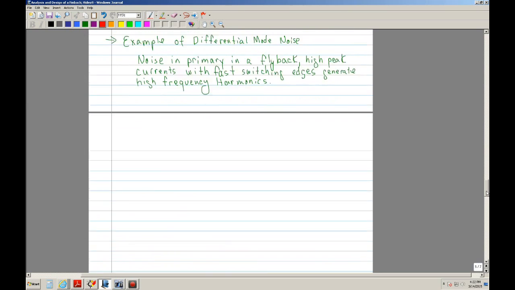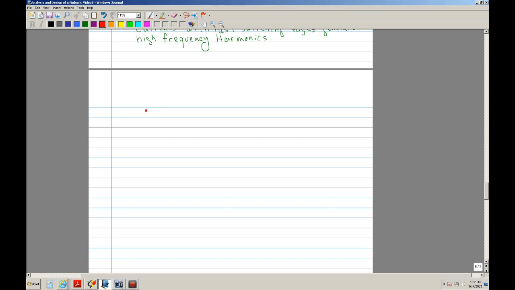Now, which brings me to how you filter that out. Typically, to filter out differential mode noise, you will have your power supply and your bus. Of course, you're going to have your R Thevenin of the bus.